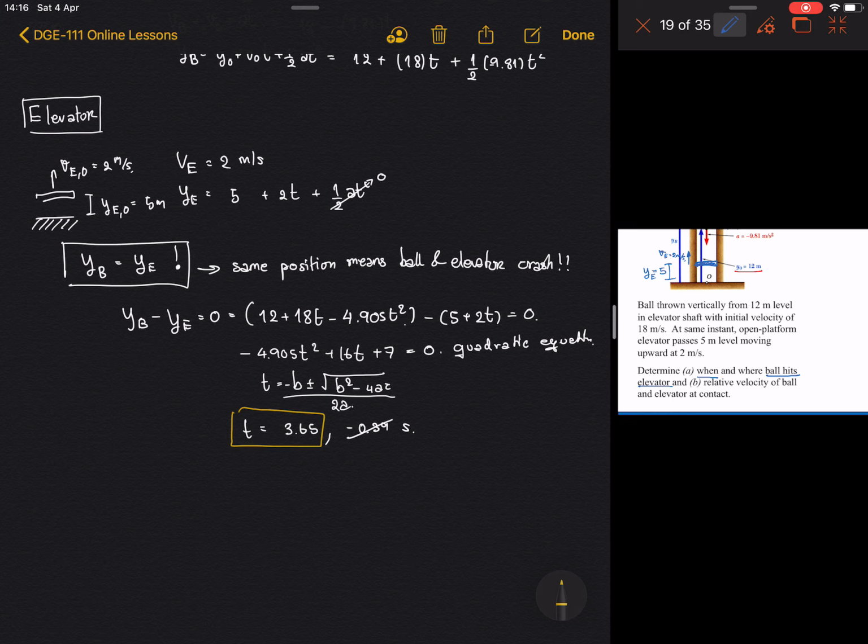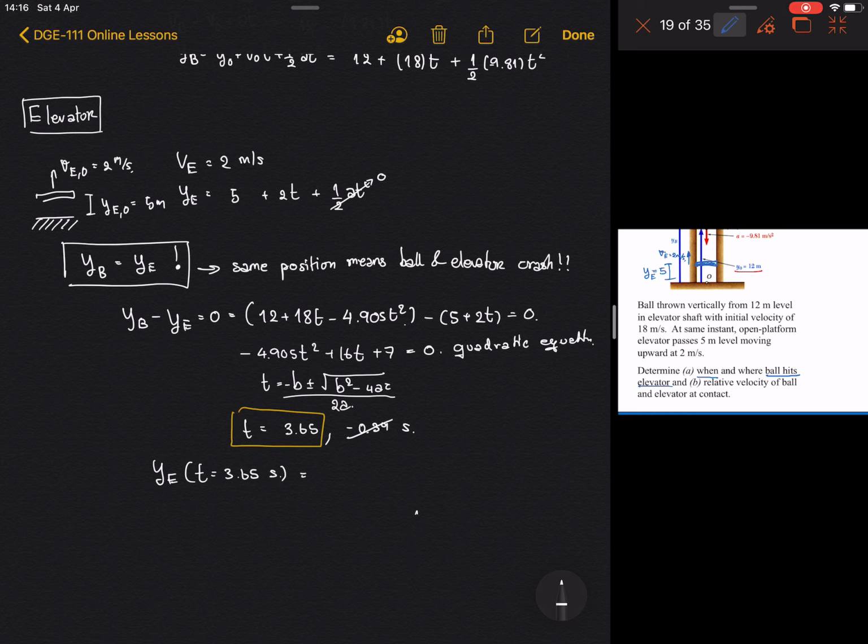Okay. And then now you know the times. You already have the formula for the velocity and also the positions. So now it's easy, you can just plug it in. Ye when time equal to 3.65 second.